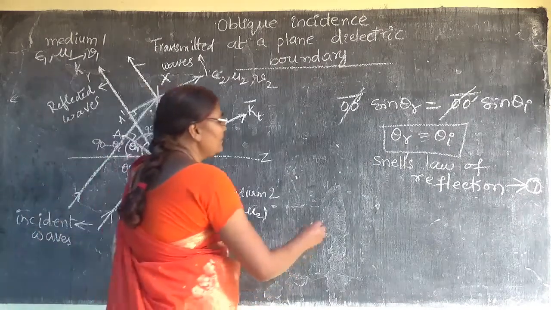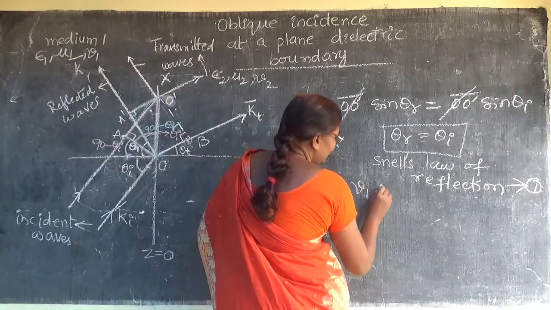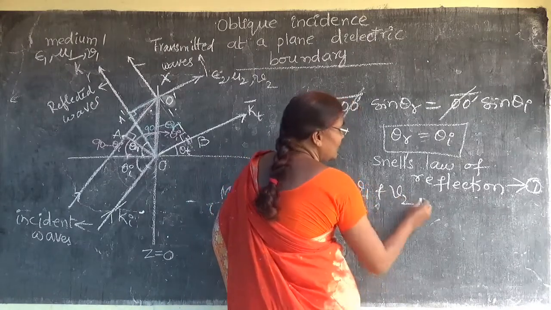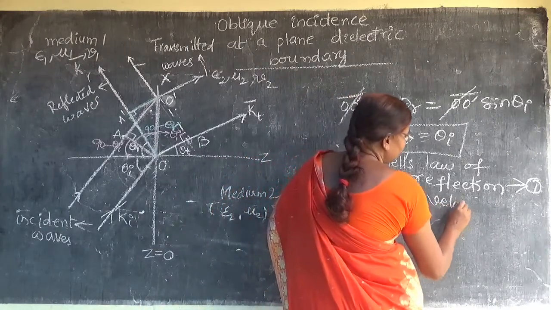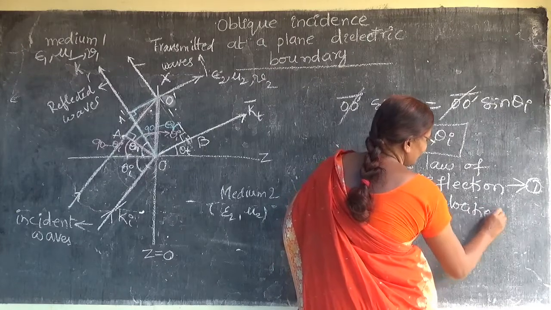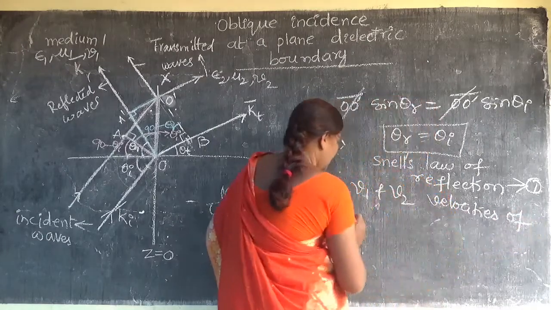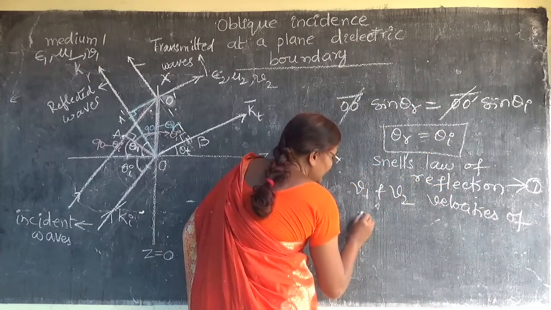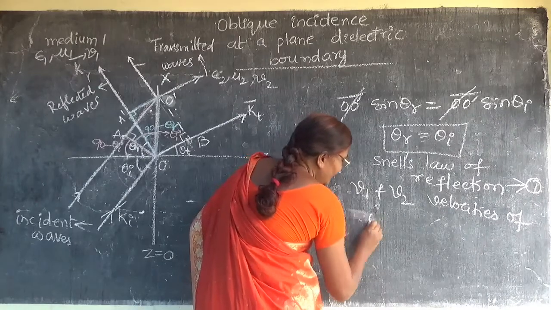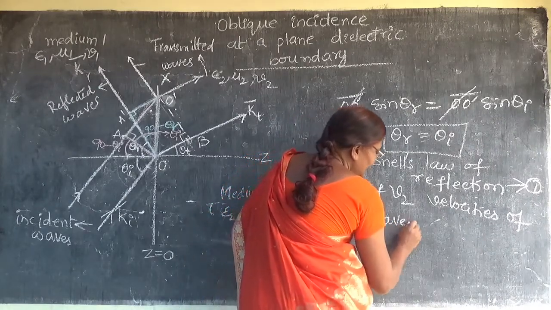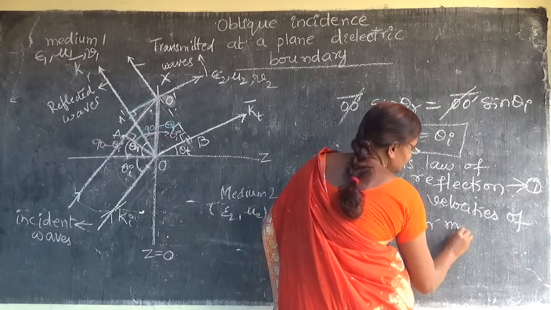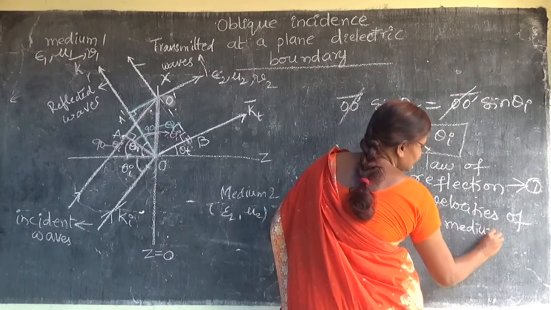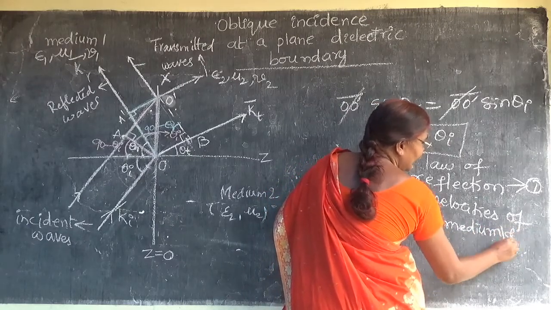So here v1 and v2 are the velocities of the wave in medium 1 and 2.